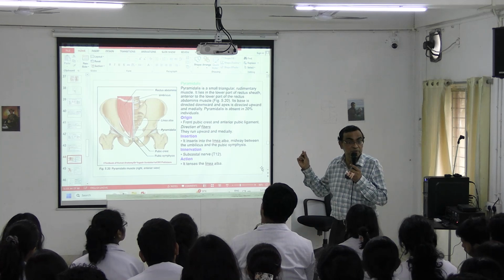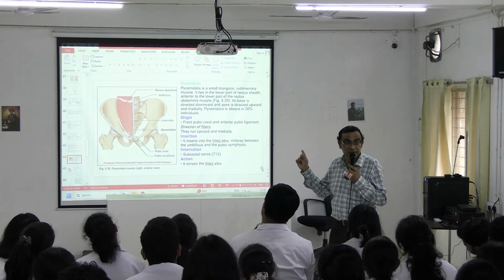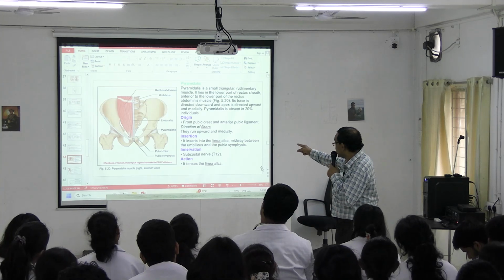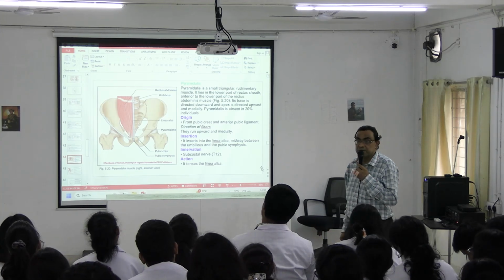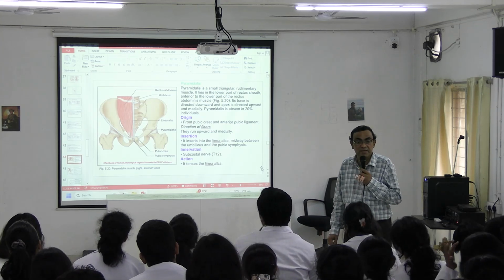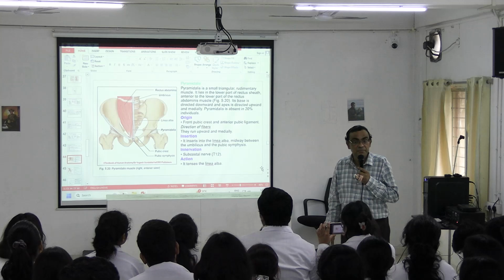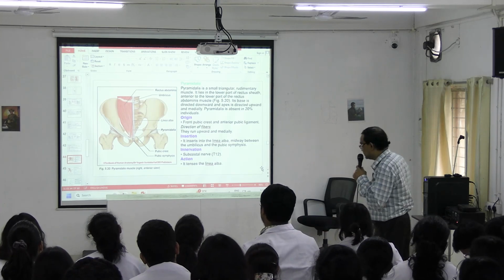In all cadavers we may not get this muscle. That muscle also takes origin from the same place, and the muscle fibers are inserted over the linea alba. So that is called pyramidalis. This is the rectus abdominis, and this is the pyramidalis muscle.